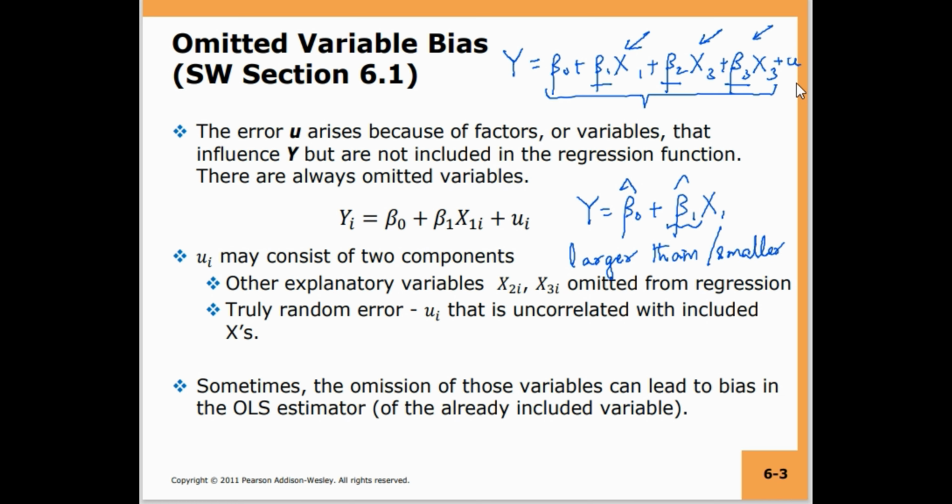Since you are trying to estimate the true beta 1, having a biased estimate is not good for you, because you are trying to understand the true effect of some explanatory variable on y. So you want to get such an estimate which is really close to the population estimate.